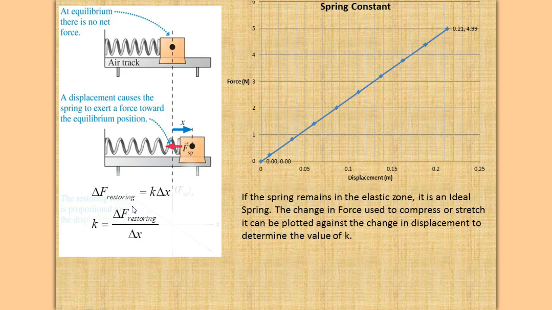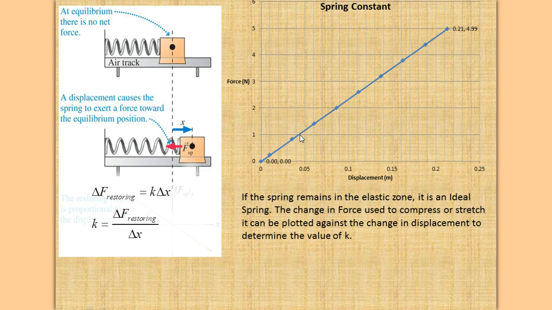And if we plot this on a graph, on the left we have restoring force and on the bottom we have displacement. And if we plot different forces against different displacements, as long as we're in the linear zone, we get a linear line. Okay?